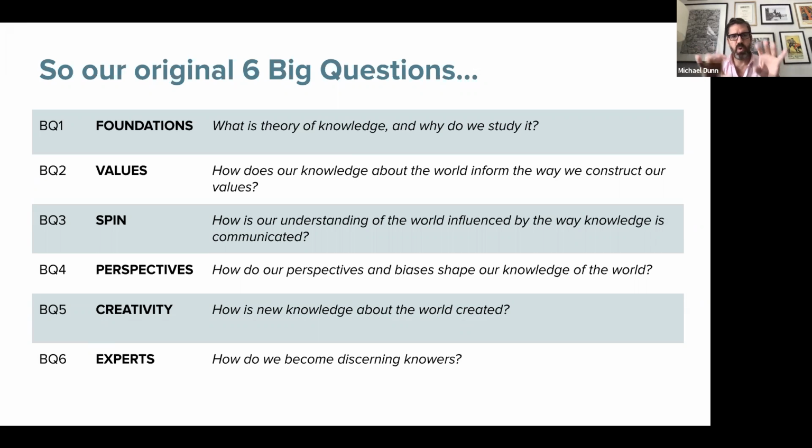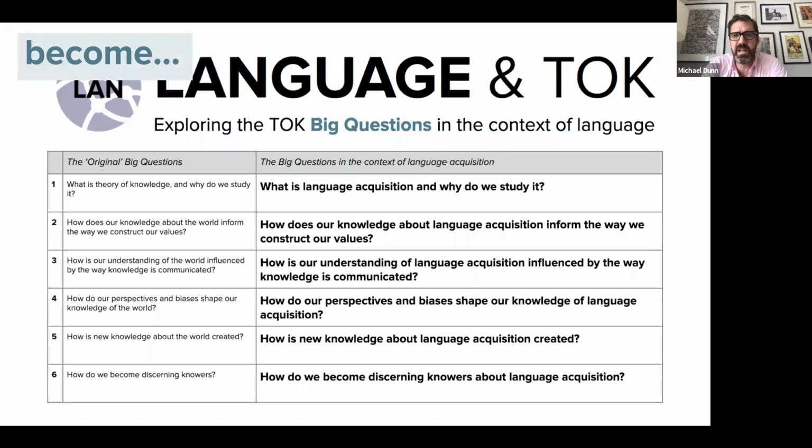So, what we do with these 6 big questions, we simply transfer them into the context of each of the DP subjects. So for language acquisition, we go from the original big questions to these questions, very simple. Let's take number 5, how is new knowledge about the world created?